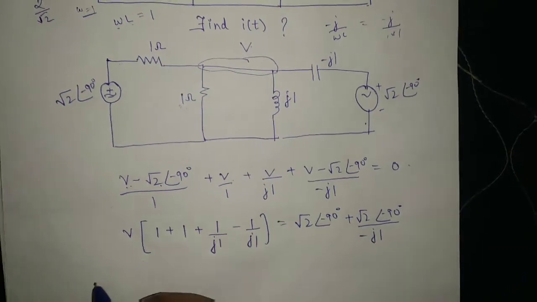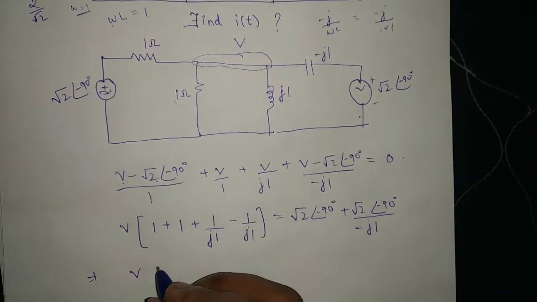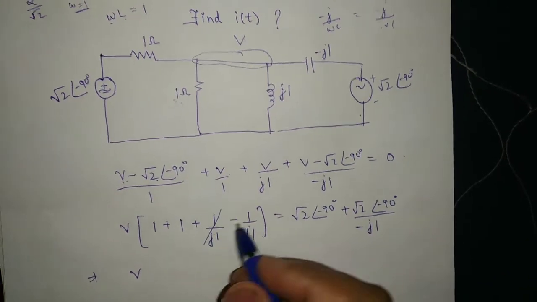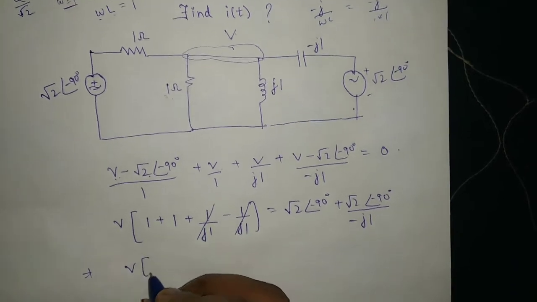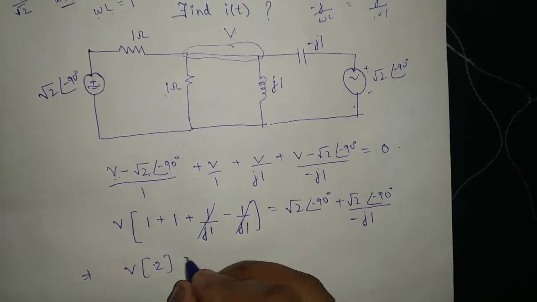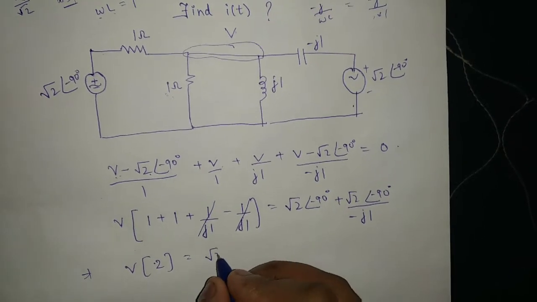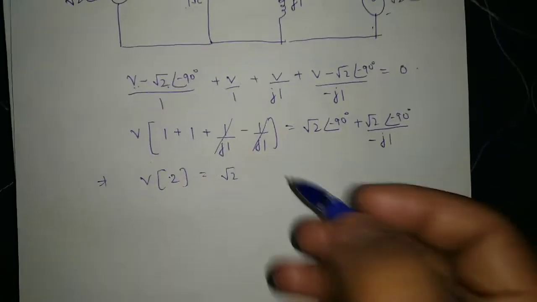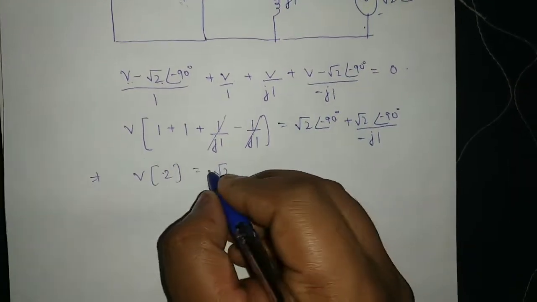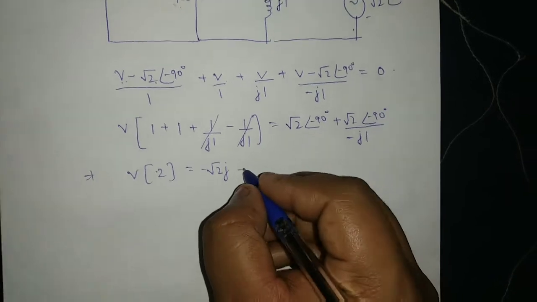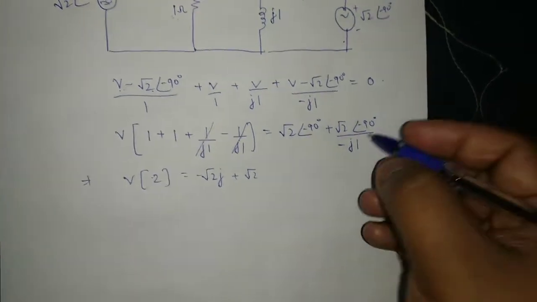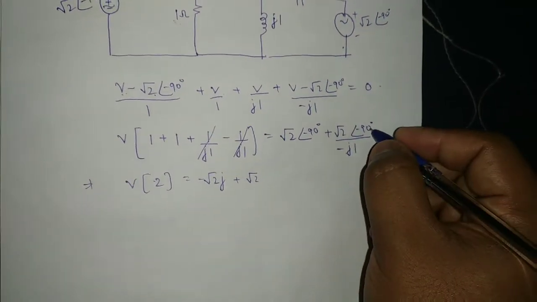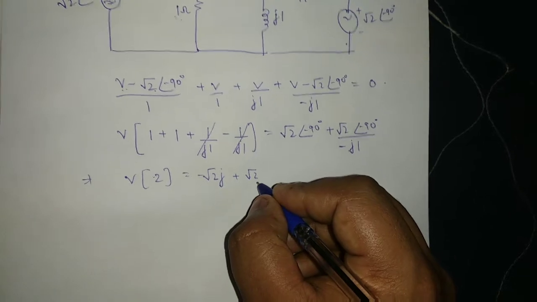Okay, so it is V, this and this cancel, 1 plus 1 is 2, and this is root 2, this is minus 90, so minus J plus root 2, this minus J and minus 90 cancel, so root 2 will remain.